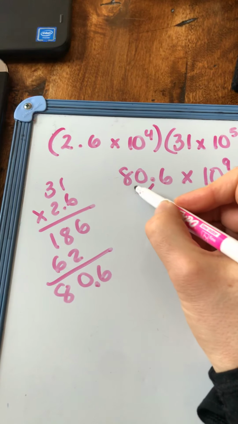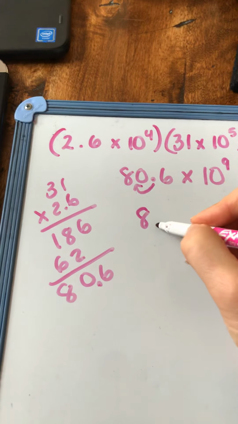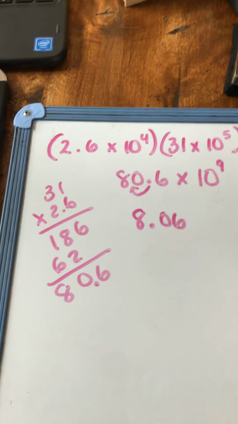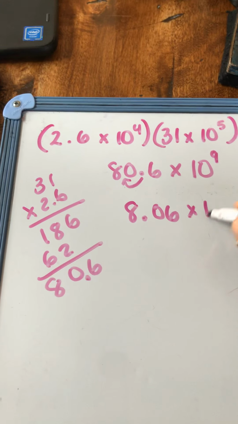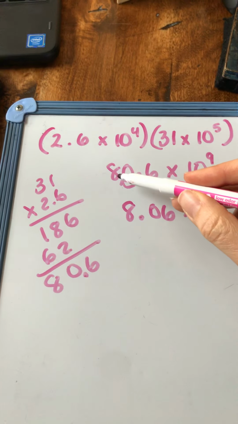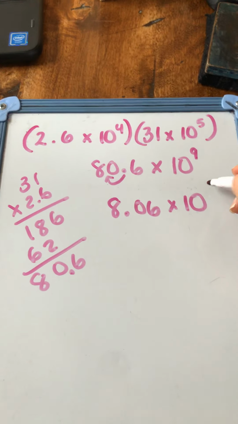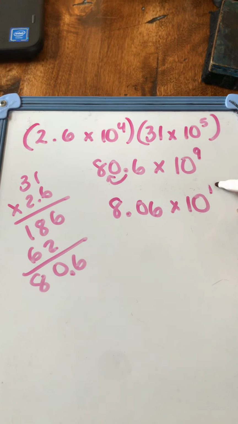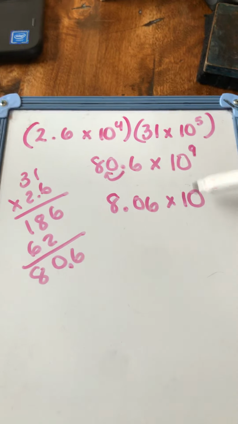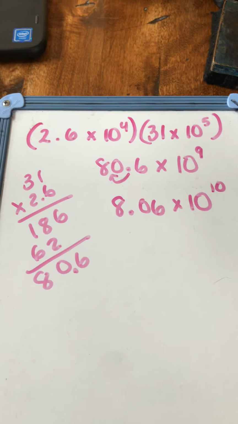I'd have to move my decimal over once to the left, and then I have to bring down the times 10. Now if I move the decimal over once to the left, I actually have to add 1 to my exponent there. So 9 plus 1 would become 10. So now these two answers are equivalent, but this one is in scientific notation.